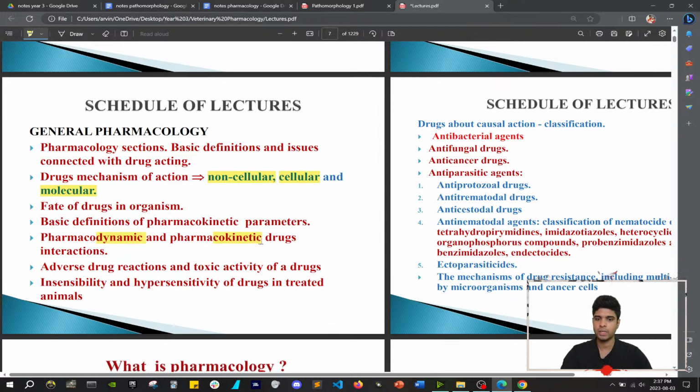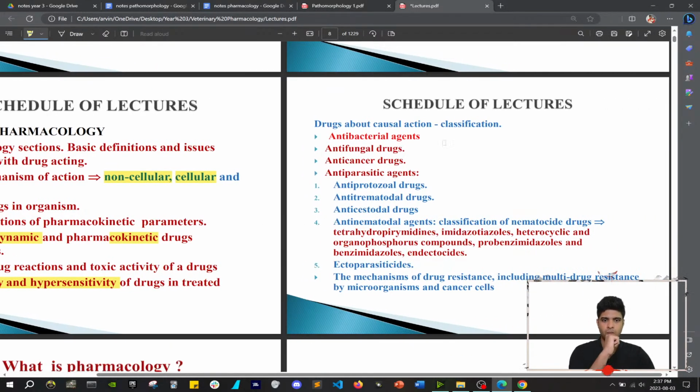Pharmacokinetic, pharmacodynamic drug interactions, adverse drug reactions, toxic activity of drugs, sensibility, hypersensitivity of drugs. Drugs about causal action.